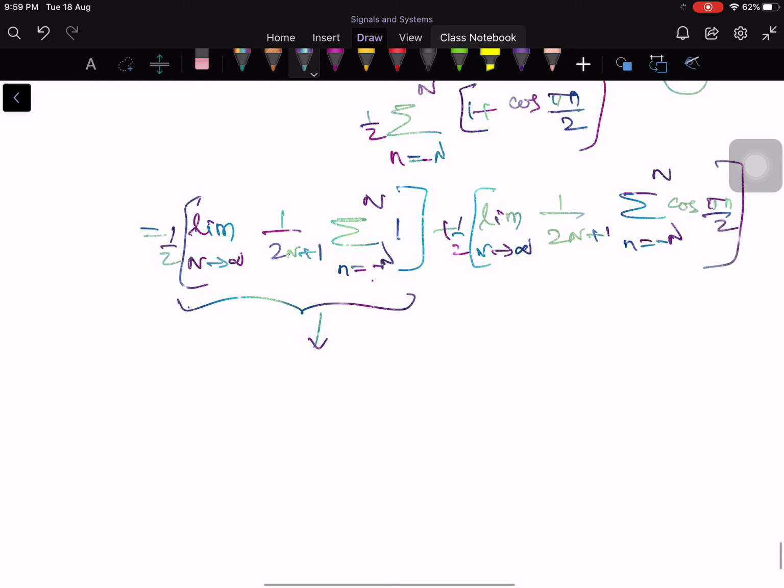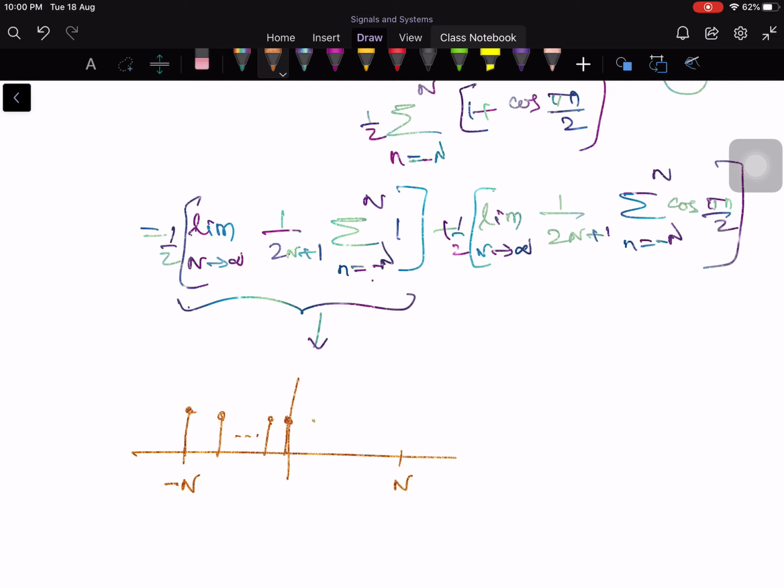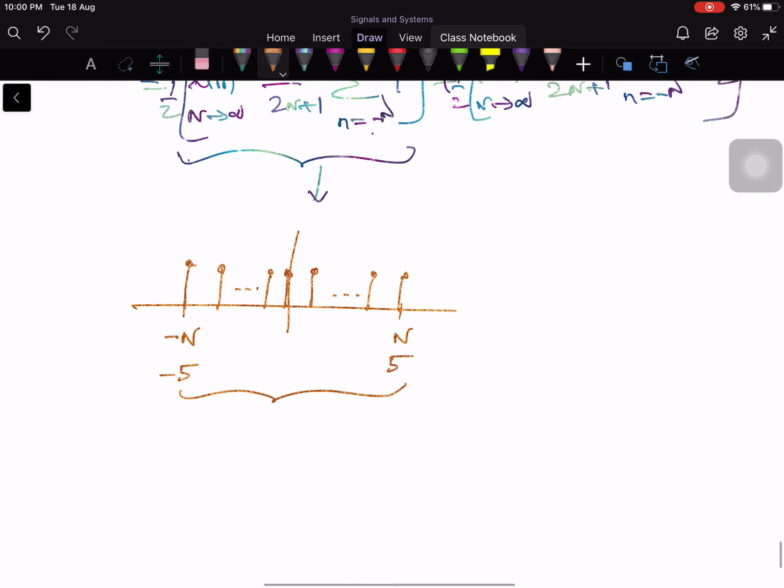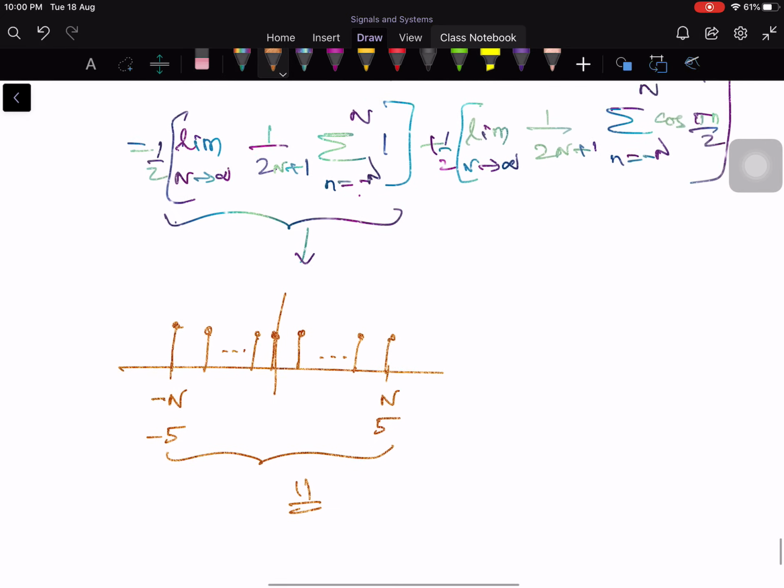Let's say this is minus N and this is plus N. So the signal strength is 1 like this. For example, let's say n equal to minus 5 and this is plus 5. How many samples are there in this? There are 11 samples, right?